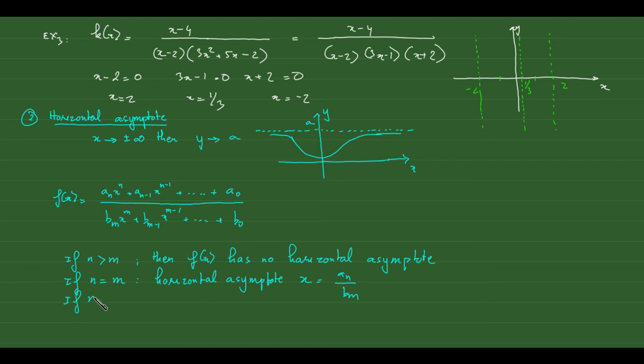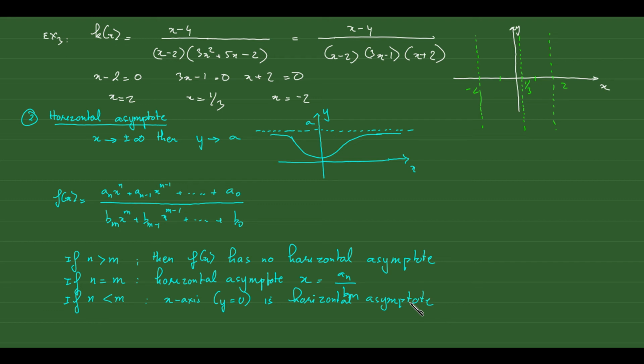However, if n is less than m, it means the degree on the top is less than the degree at the bottom, then the x-axis, which is the equation y equals 0, is the horizontal asymptote. So that is the rule to find horizontal asymptote.